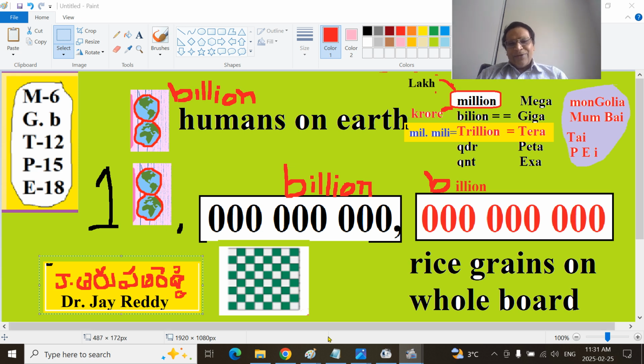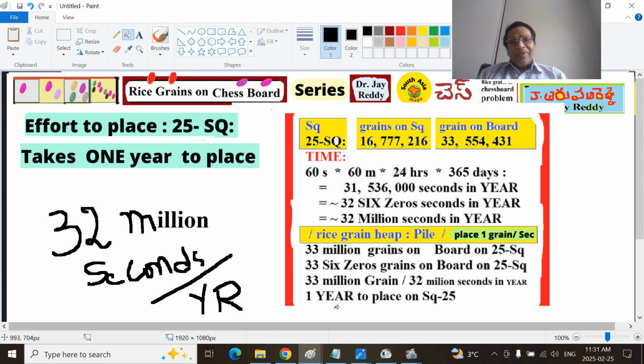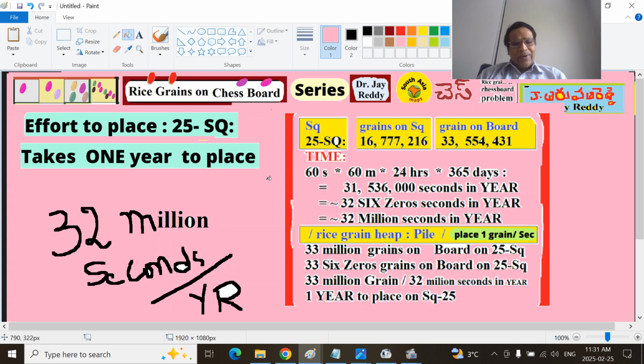You will never be able to even put it on that. So we have to understand this basic concept, like there are 32 million seconds in a year. If you remember that, you will get all the things very clear to understand this entire concept.